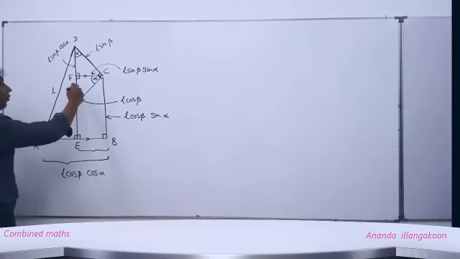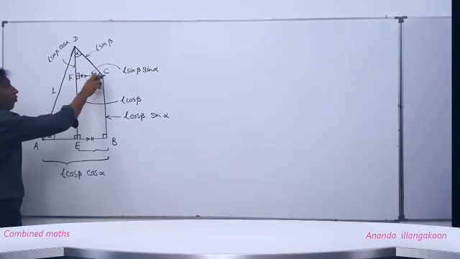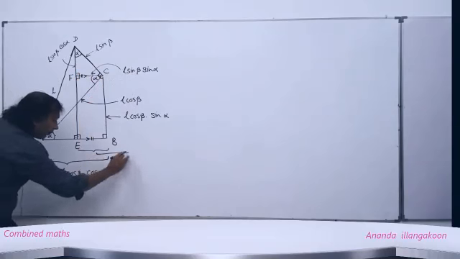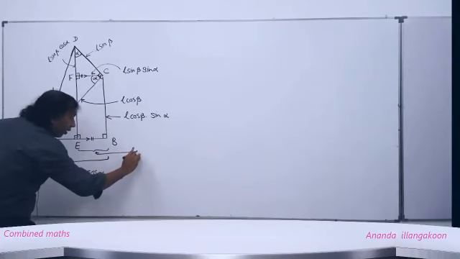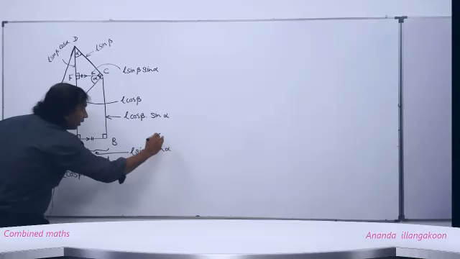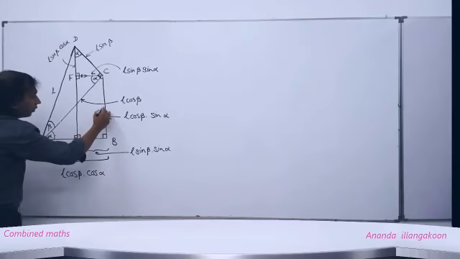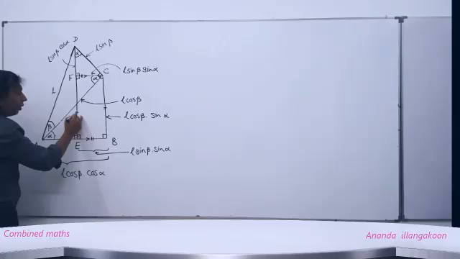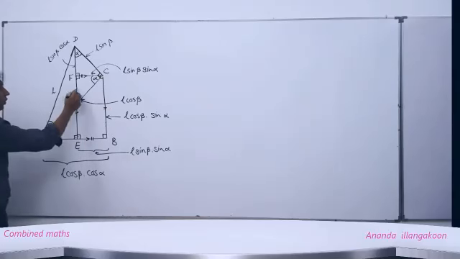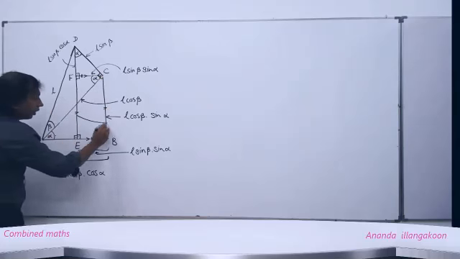So this length and this length are equal. This length we have found as L sine beta sine alpha. So therefore, this also is L sine beta sine alpha. And also this length and this length are equal. What is this? L cos beta sine alpha. So therefore, this is L cos beta sine alpha. Right?